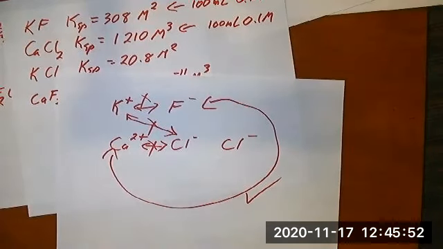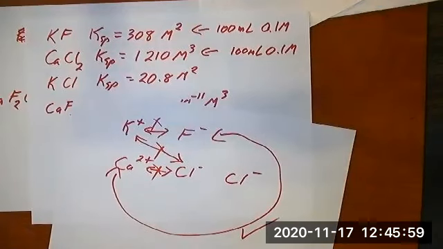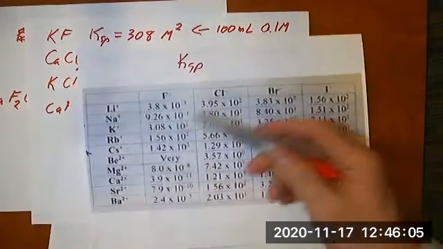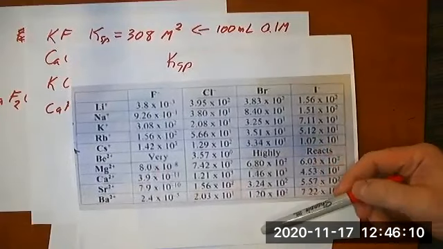How would I state that question on the test? Meaning the one I just went through? So probably what I would do is give you a set of solubility constants, solubility products, or molar solubilities.